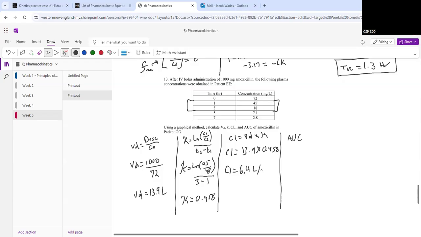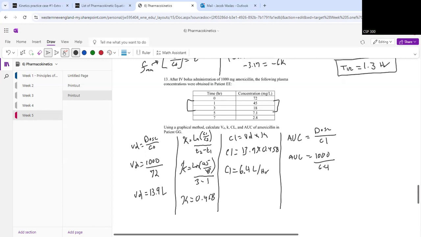But if he's asking you to find the AUC, just use the one in the equation sheet. You have dose, you have clearance, or dose over VD times K.